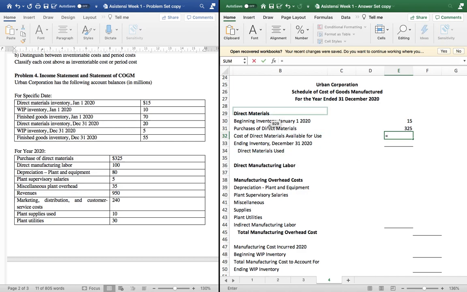So the cost of direct materials available for use in the year of 2020 is what we have in the beginning of the year, plus what we purchased in the course of the year. So it's 340. And at the end of the year, we still have ending inventory, which is 70 million dollars.